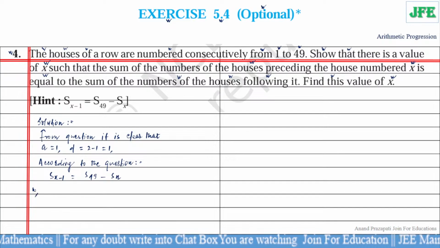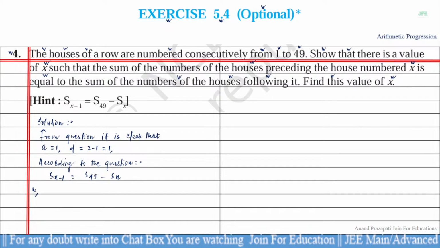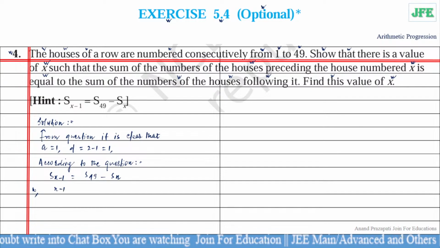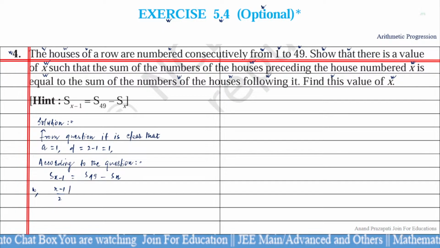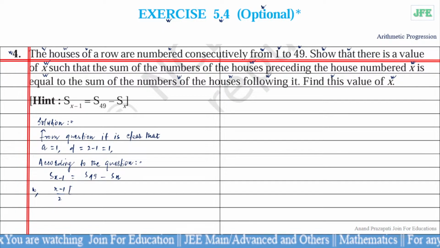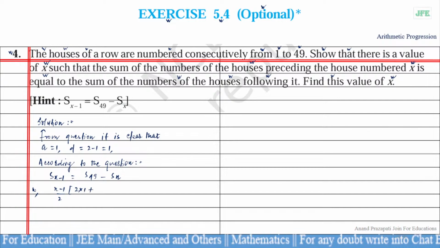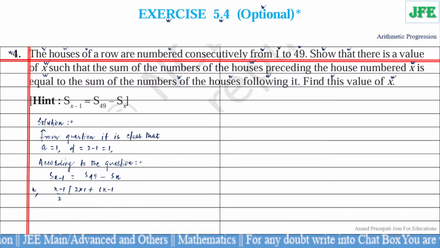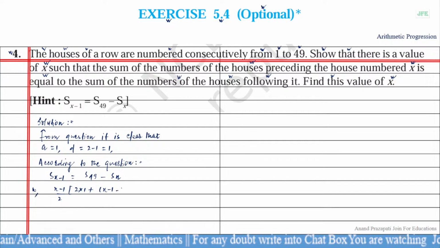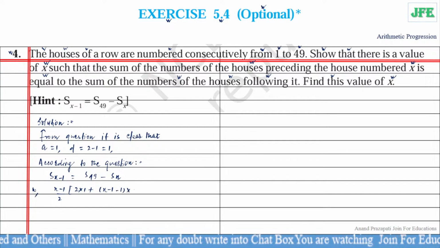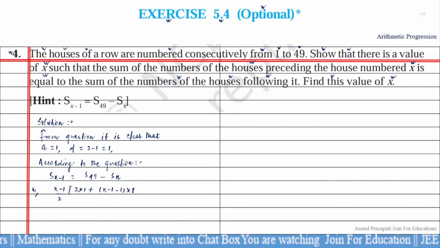So here S(x minus 1) equal to x minus 1 by 2 into 2a, it means that 2 into 1 plus x minus 1 minus 1 into d equal to 1.